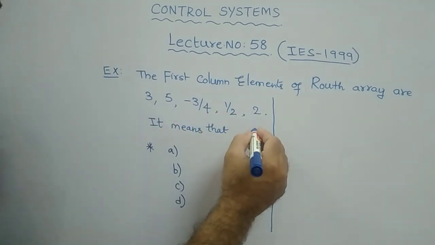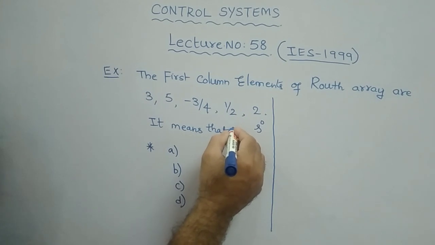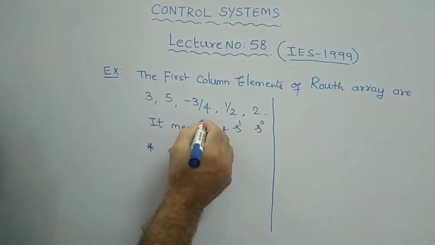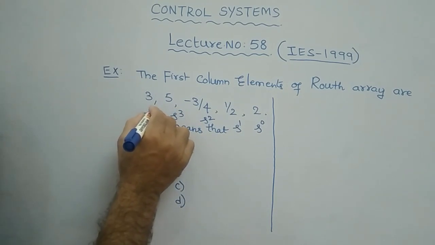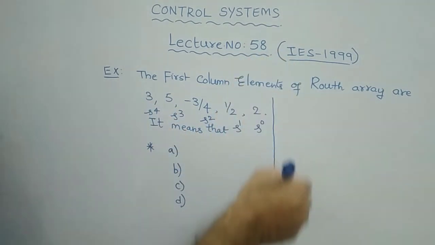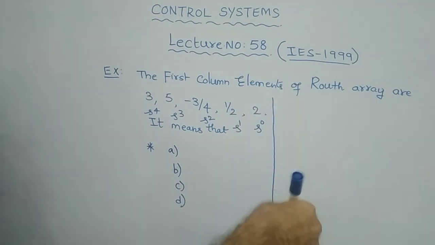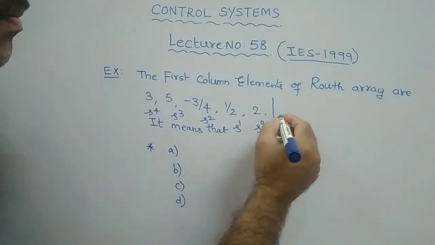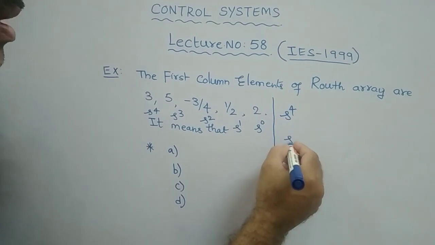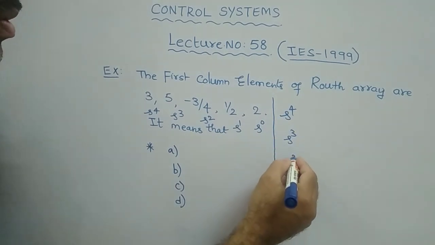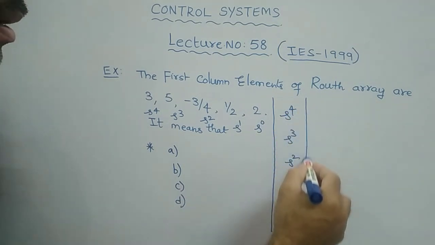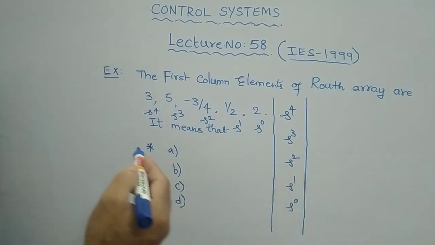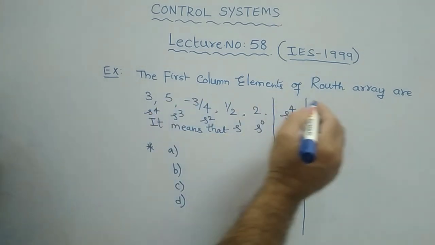This is the s power 0 coefficient, this is s power 1, this is s power 2, this is s power 3, and this is s power 4. So the Routh Hurwitz array you can write like this: s power 4, s power 3, s power 2, s power 1, s power 0, right? Then draw a line there.